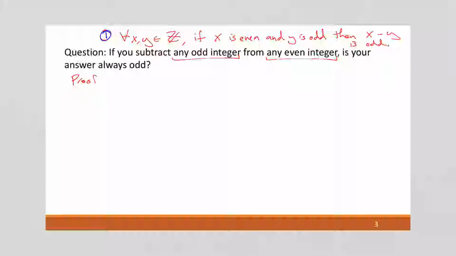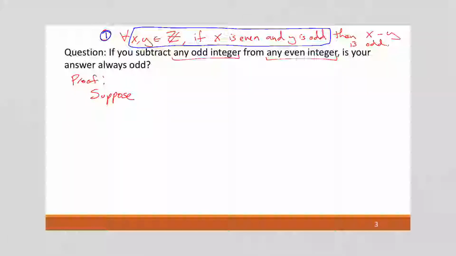So, proof. So step 2, as always, I want to suppose the first part of my conditional statement. Right, then what's my goal?